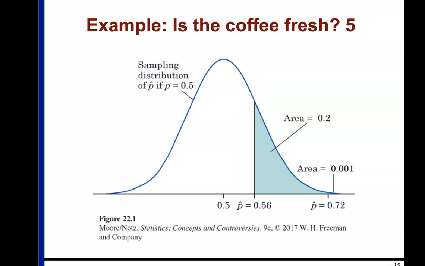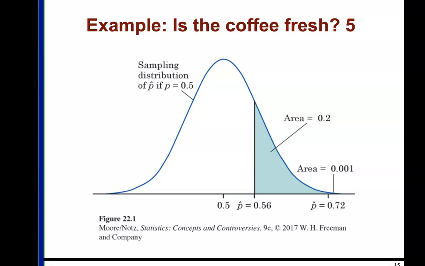So 0.56 would have an area of 0.2. If we use our software, if we use that table in the back of the book, we would see an area of 0.2. So that means the probability that you would have gotten 56 if the claim were really true, that only 50% of the people would choose that, you have a 20% chance of getting a value like this.